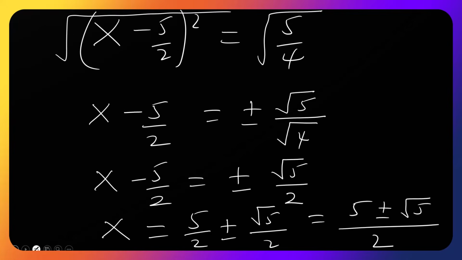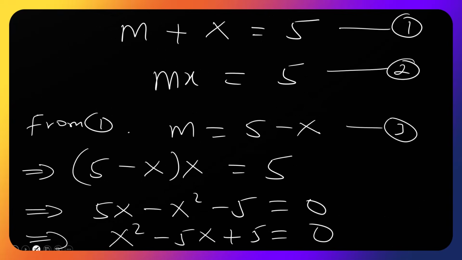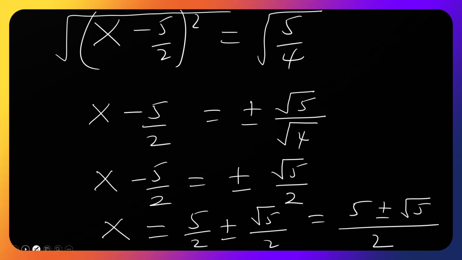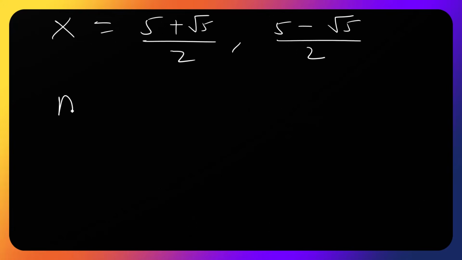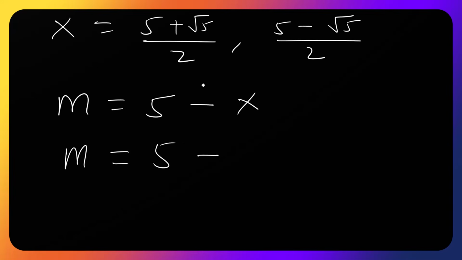So let's do the same for m. Let's go back. From 3, m equals 5 minus x. Let's start with the positive one, 5 minus 5 plus root 5 on 2.